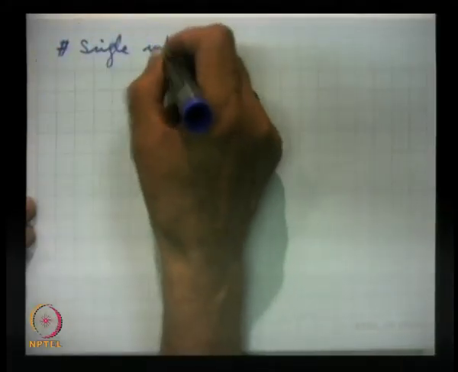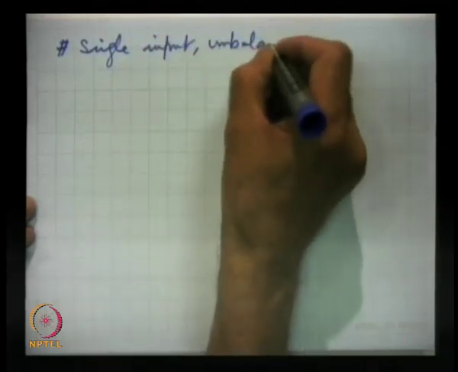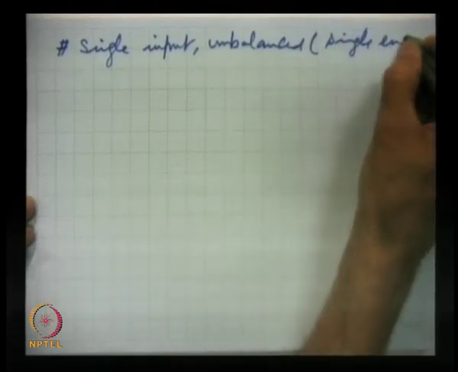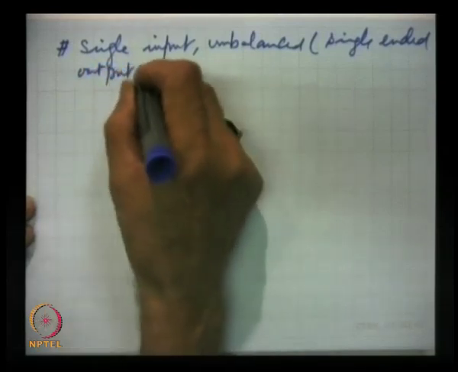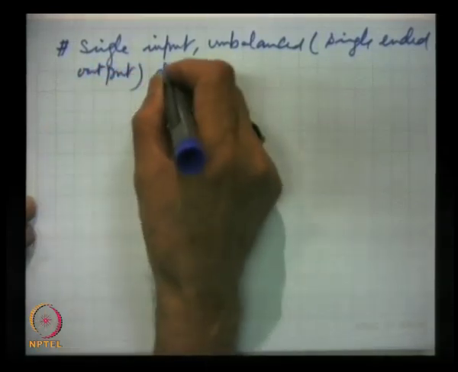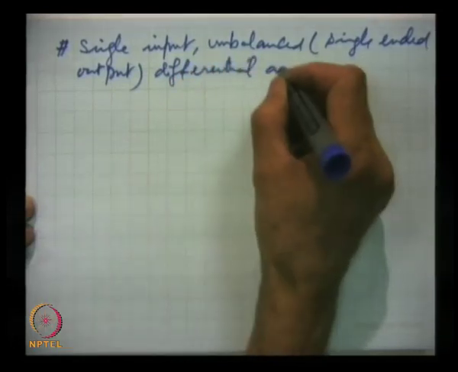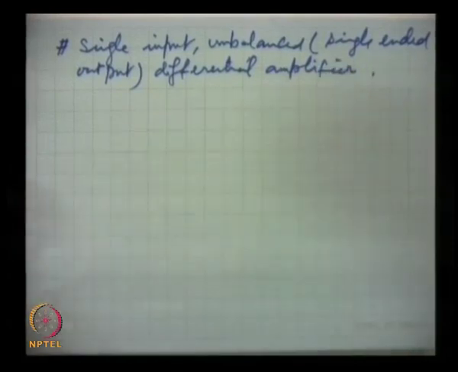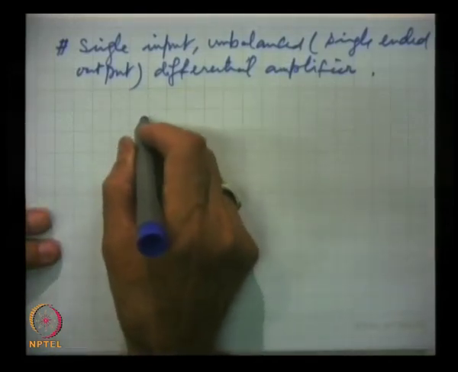Single input unbalanced, that is single ended output, differential amplifier. This is the configuration which we are talking about.